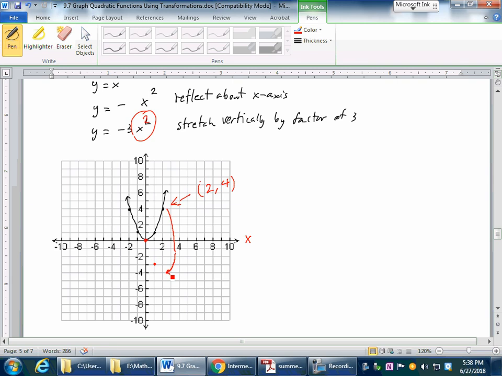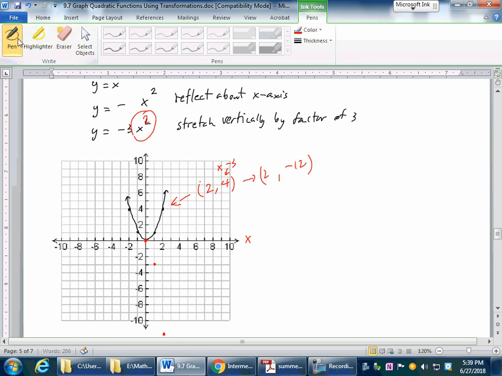However, you are stretching by a factor of 3, so you multiply negative 4 by 3, and it becomes negative 12. So you stretch it out by a factor of 3, so it will be all the way down here, negative 12. Another way of saying it is we are multiplying my y value by negative 3. So my new point is 2, negative 12, which is way down there. That's the transformation of this point.